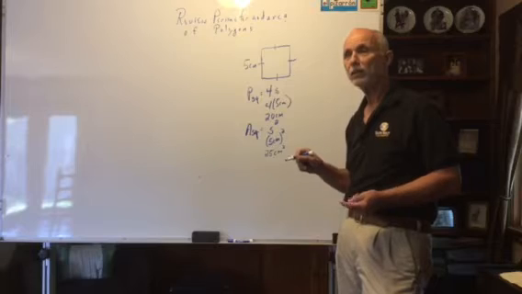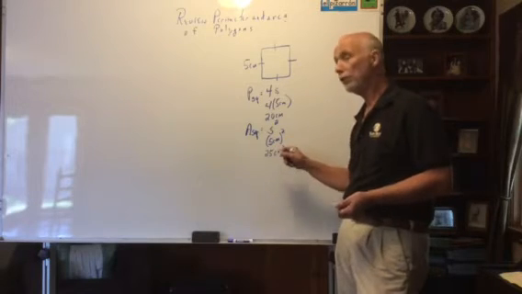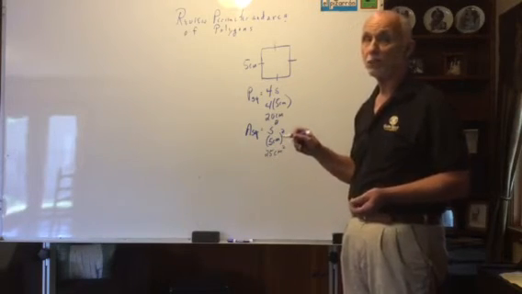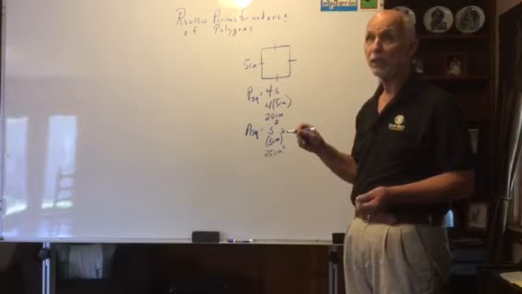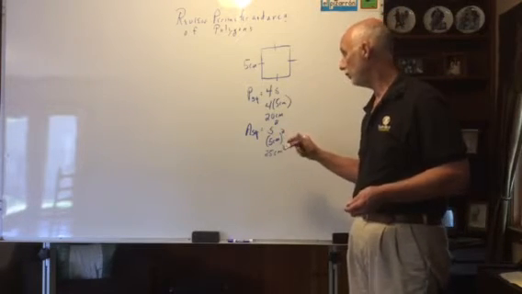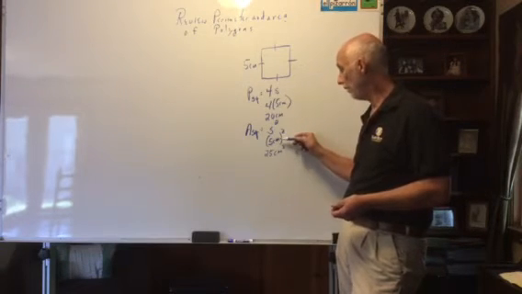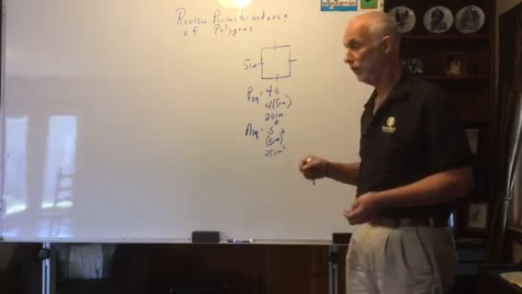Remember, area is always a square measurement. Maybe that's why you're messing up on IXL, because if you're putting 25 centimeters and not 25 square centimeters, then you would get it wrong, okay? Because area is a square measurement. But once again, you use the formula, replace the variable with its value, and you work it out.